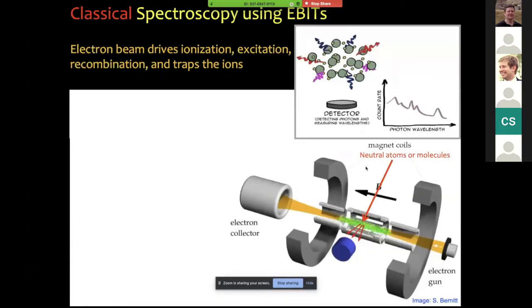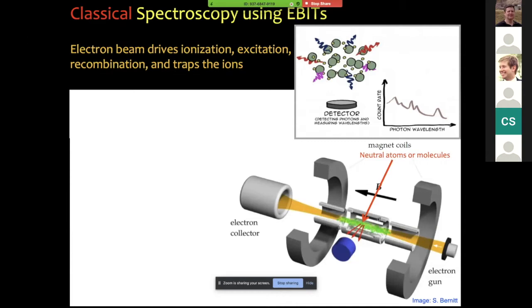As Lee also mentioned in his talk, there have been plenty of experiments done at the Lawrence Livermore electron beam ion trap and at the Heidelberg electron beam ion trap. With the electron beam ion trap, usually the electron beam is the one which drives the ionization, excitation, and recombination processes, and it also simultaneously traps the ions.